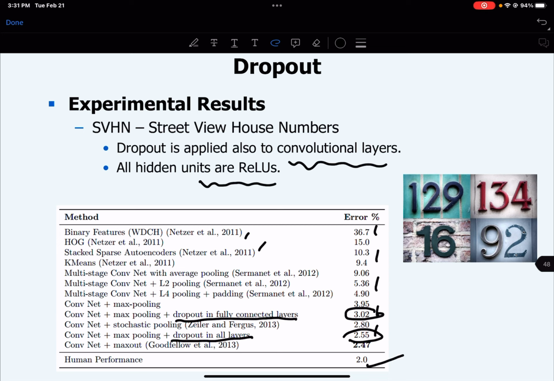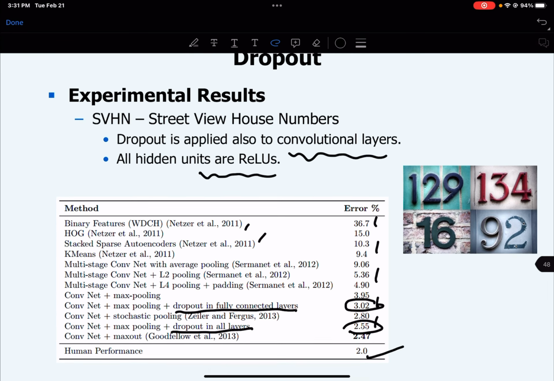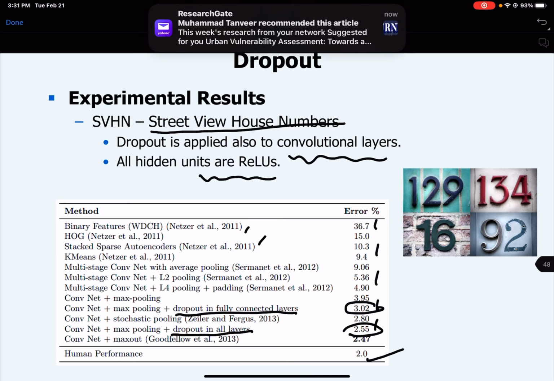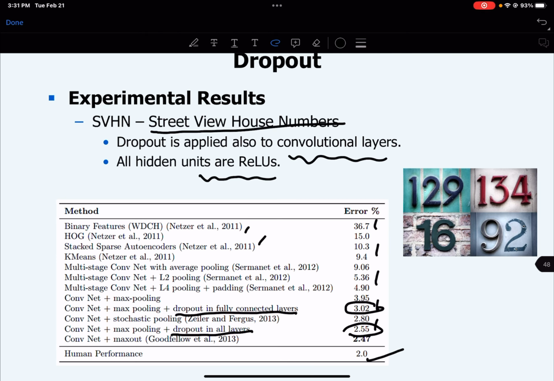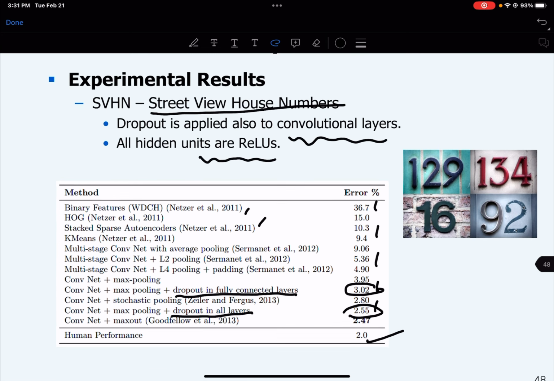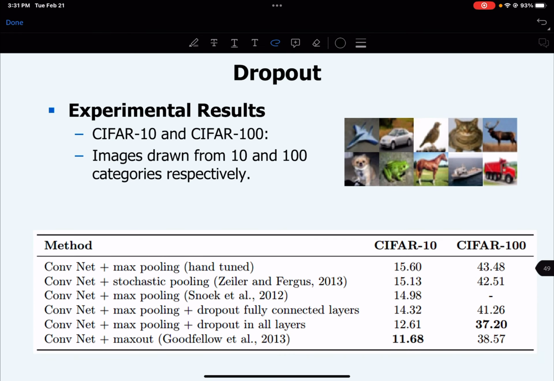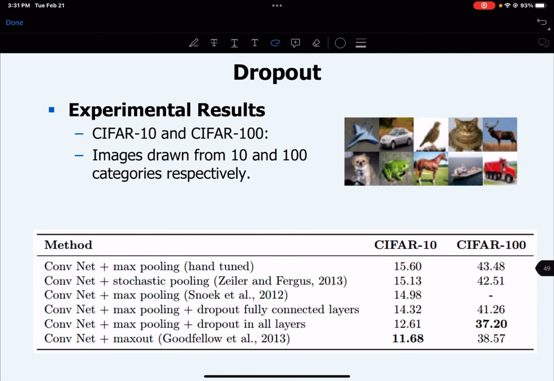So different papers classify or identify the street view house numbers using convolutional neural networks. And Dropout plays a significant role because it simplifies the network training. And another example on CIFAR dataset, CIFAR 10 and CIFAR 100.